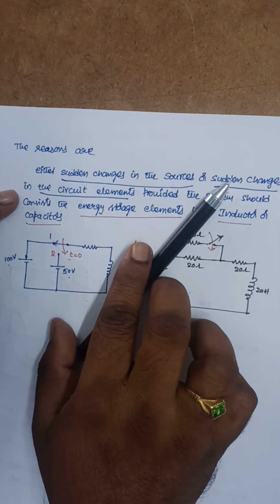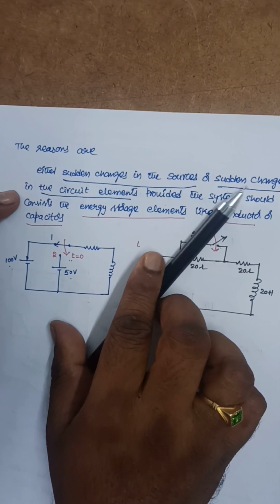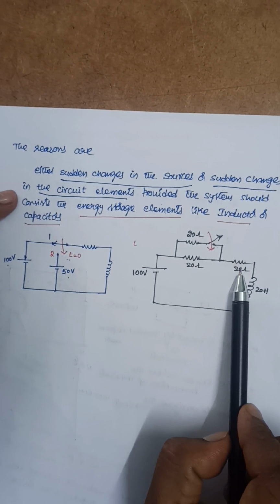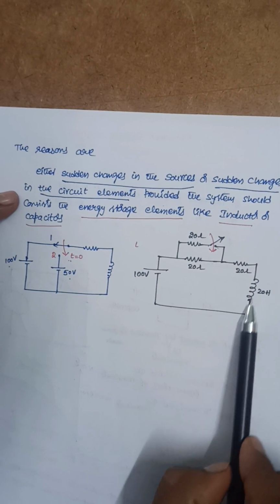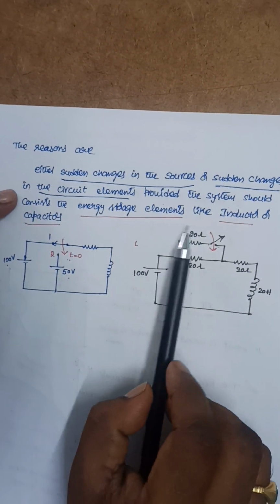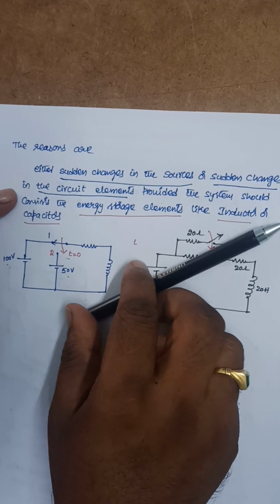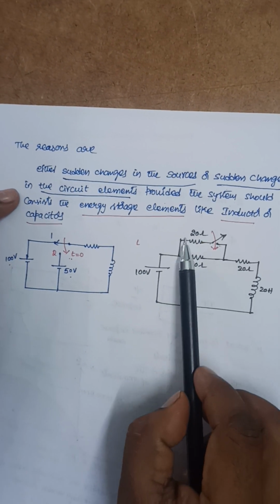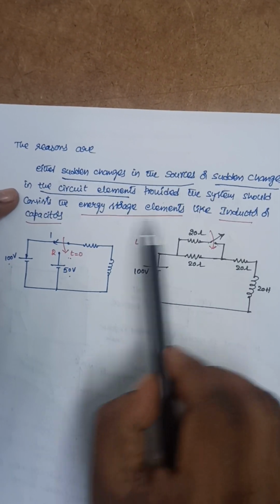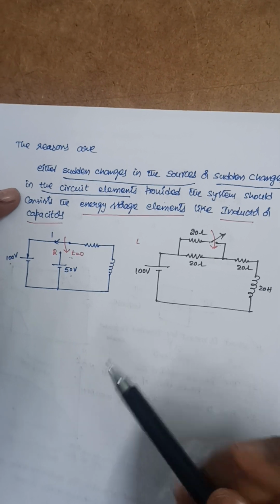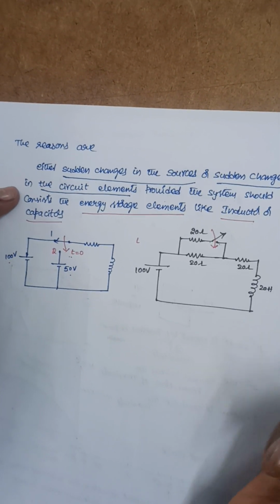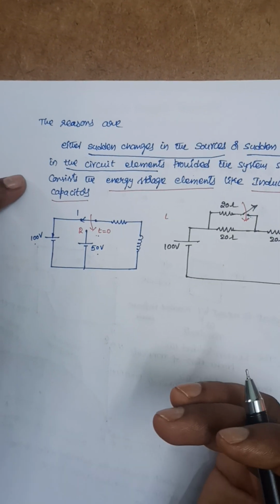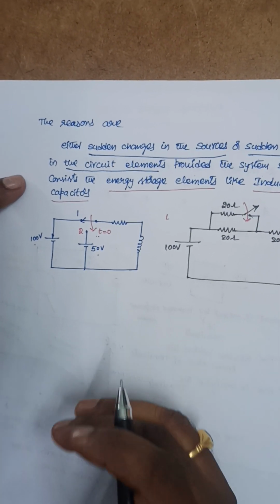Previously, before switching on, this 20 ohms is in series with this 20 ohms. These three are connected in series. Now whenever we switch on, these two are connected in parallel. So there is a sudden change in circuit elements, and there will be the production of transients. So these are the two reasons why transients happen.